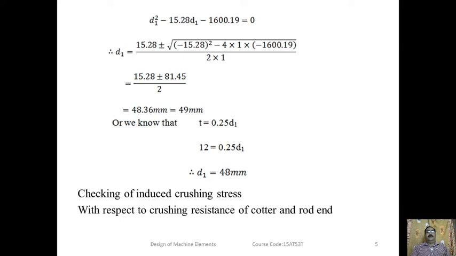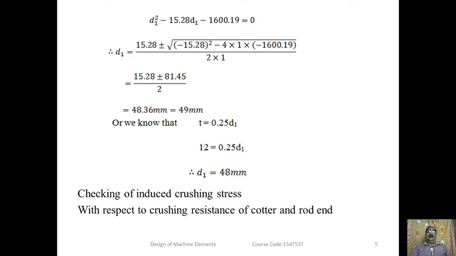Then approximately 48 mm is the value of d1, and after substituting the value, t is equal to 0.25 d1, because here the value of thickness is given, that is 12 mm.